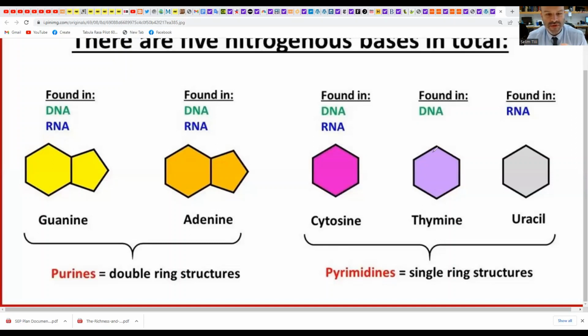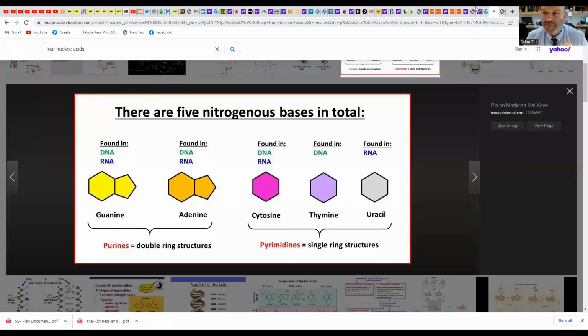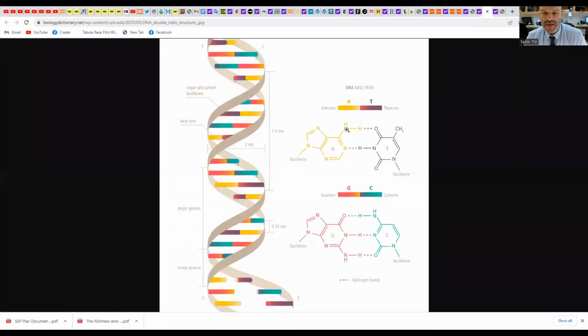And because of that optimal hydrogen bond structure, the base pairs are able to create a structure that is stable for the entire DNA sequence. So when adenine creates hydrogen bonds with thymine, it is able to make 2 hydrogen bonds, whereas guanine is able to make 3 hydrogen bonds with cytosine.